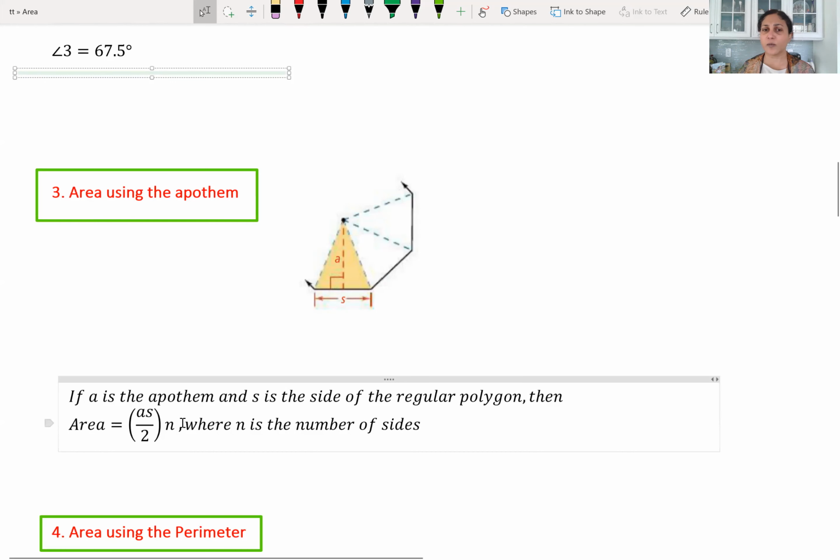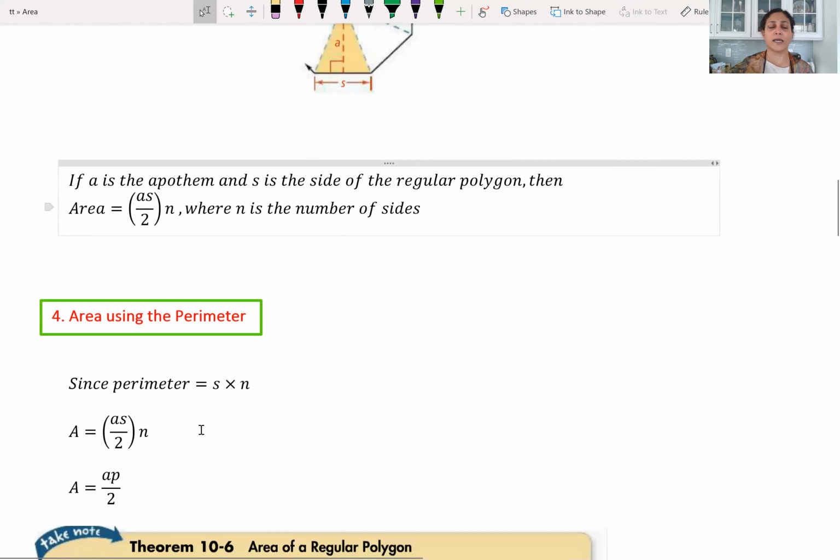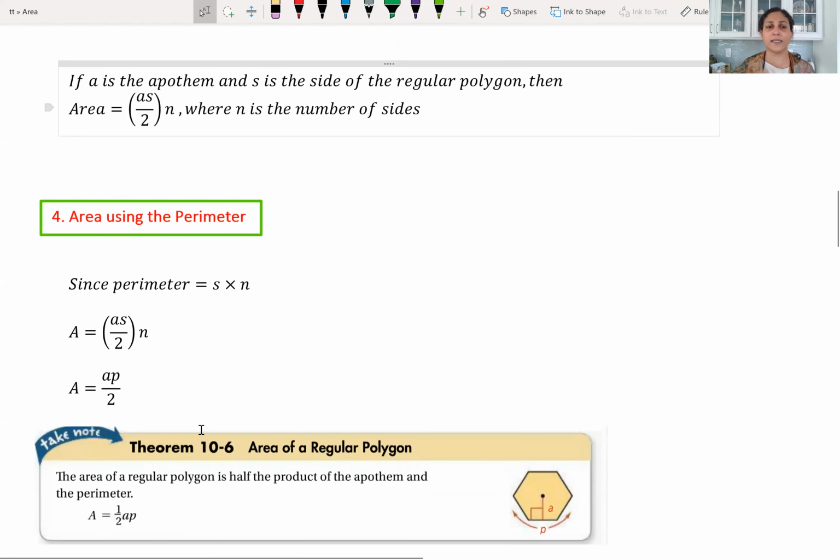Then you multiply by the number of sides, and that gives you the sum of all the areas of the triangles. So the area using the apothem is A times S over 2, which is one triangle, times N, the number of sides. However, we know that perimeter is side times the number of sides.